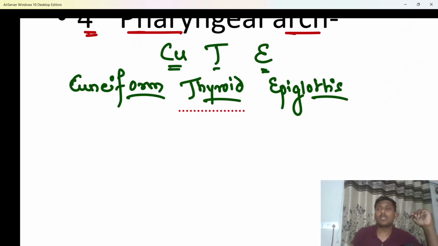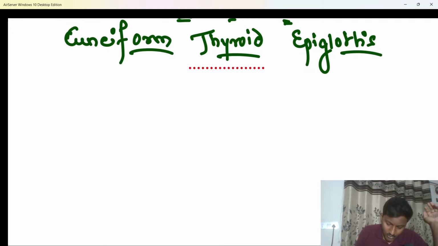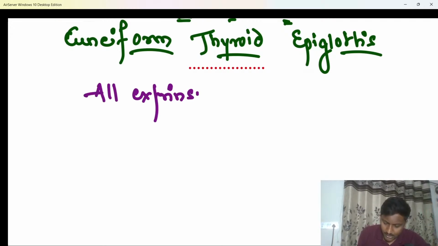So if I talk about the muscles which are responsible for the external movement, the extrinsic group of muscles, all these extrinsic group of muscles are derived from the 4th pharyngeal arc. Okay? So please remember, all the extrinsic laryngeal muscles are derived from the 4th pharyngeal arc. बेटा याद रखना एक बार.